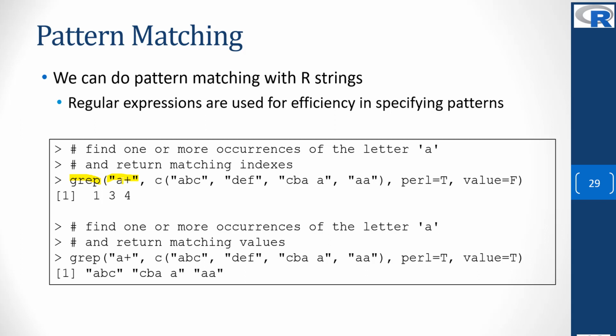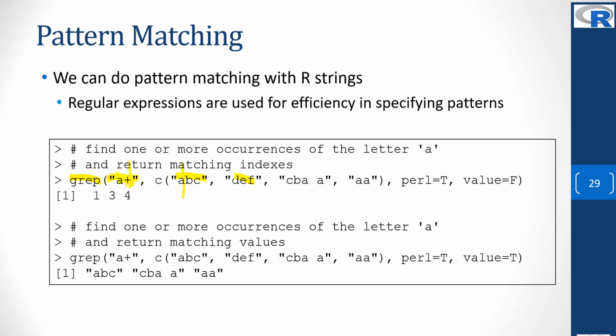But this is specifying find one or more occurrences of the letter A. So we start with the letter A, and the plus sign says find one or more, at least one, and any other number of occurrences of the letter A immediately after the first letter. So in this vector of strings, you can see we've got ABC, so it finds the A here, one or more.